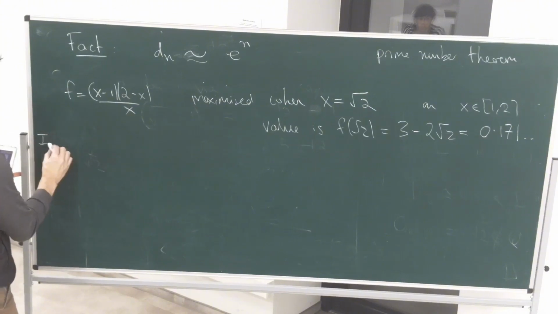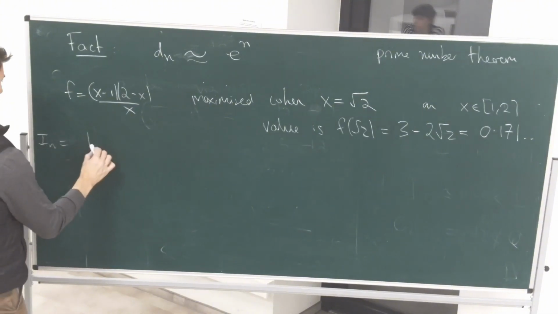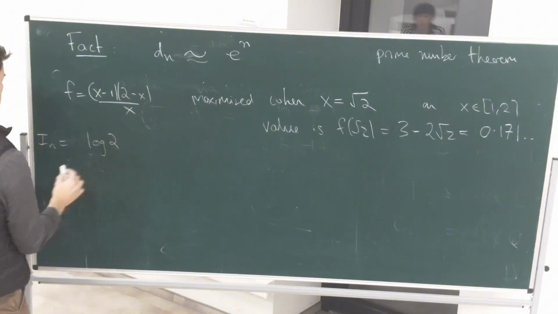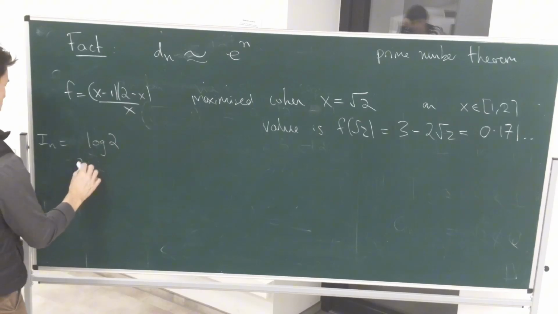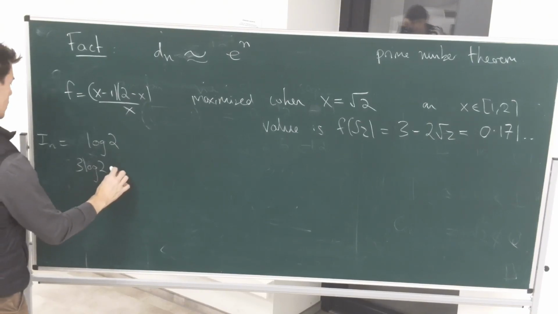So concretely, the first one is log 2. The second one is 3 log 2 minus 2.